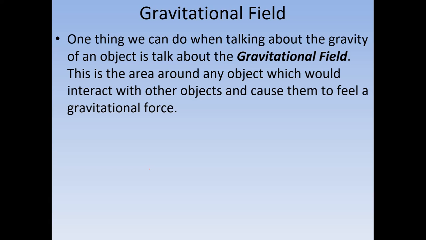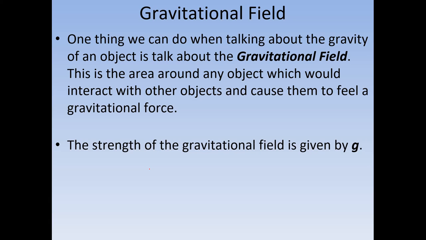Whether you're talking about you and someone on the ISS, or you and the moon, Pluto, Alpha Centauri, or the Andromeda Galaxy, there is technically a gravitational force, and therefore there would technically be a gravitational field caused by that. It's insignificant, so that's why we don't normally worry about it.